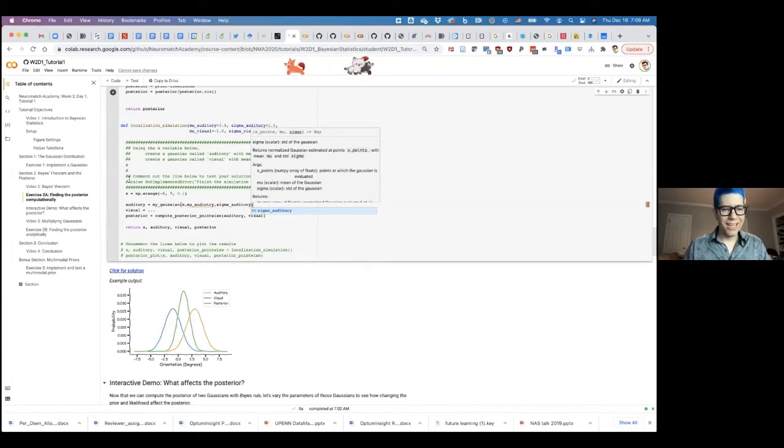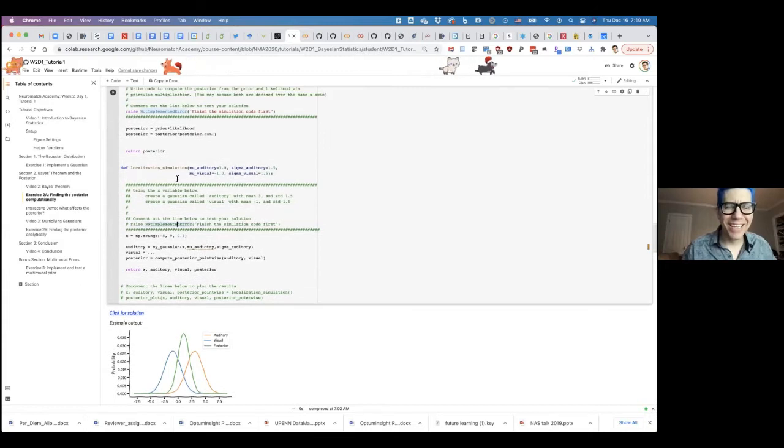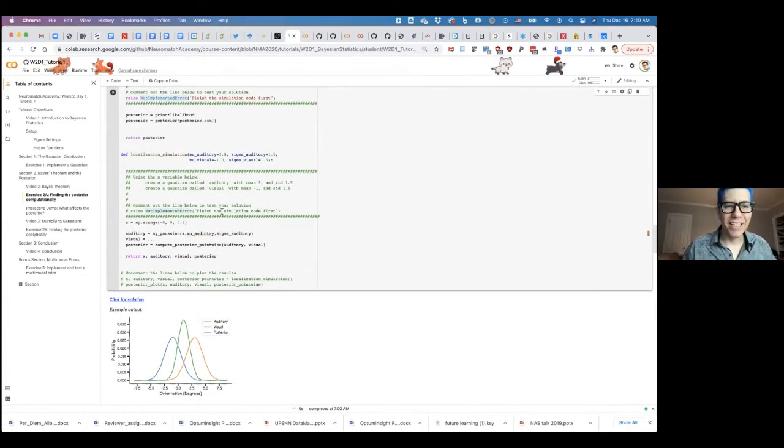There's a typo there, Konrad. Instead of auditory, it says audiotory. Oh, cool. Great. Mu auditory, sigma auditory. And then we have visual is equally my Gaussian x, comma, mu.